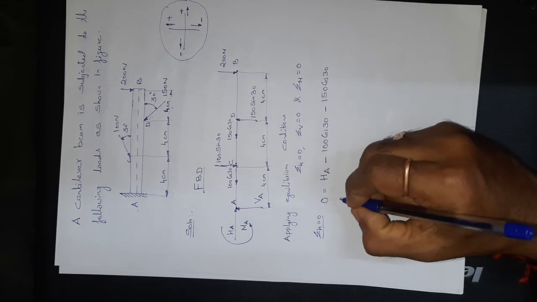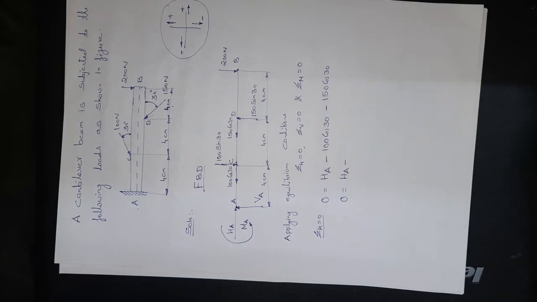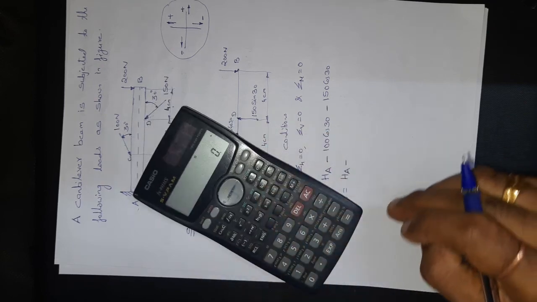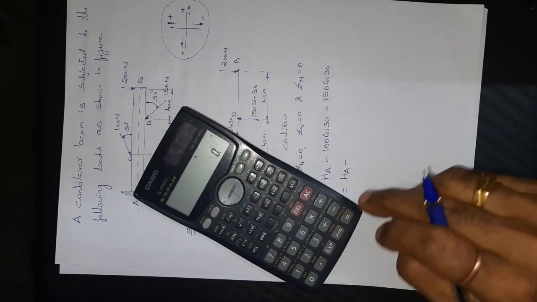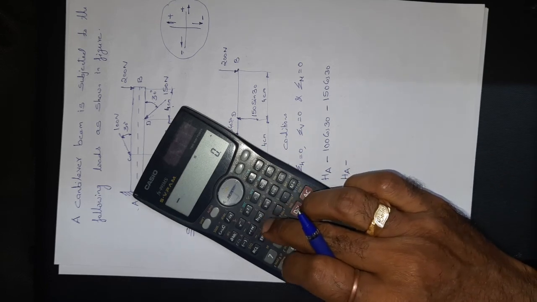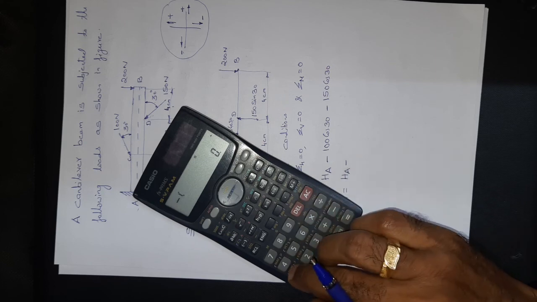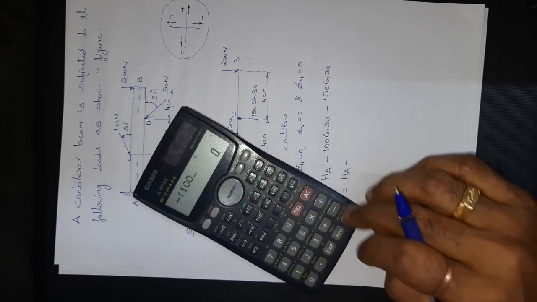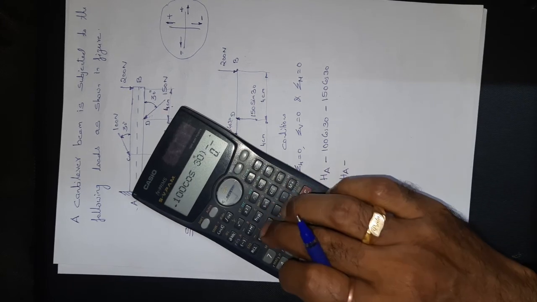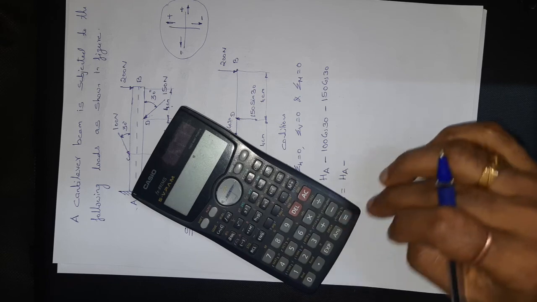Right? So therefore 0 is equal to HA minus 100 cos 30 minus 150 cos 30.